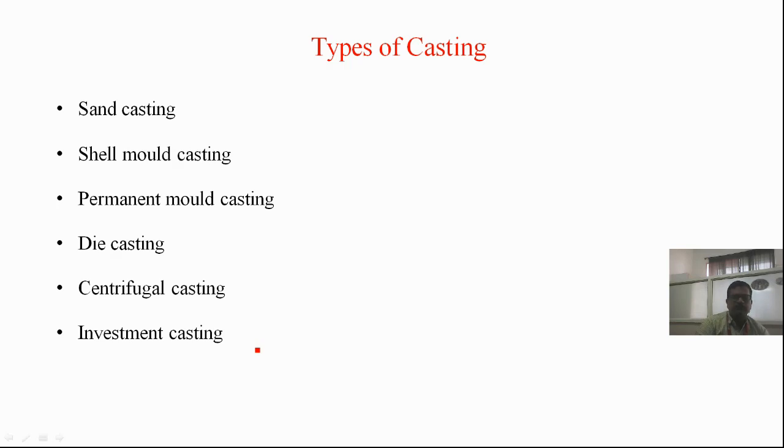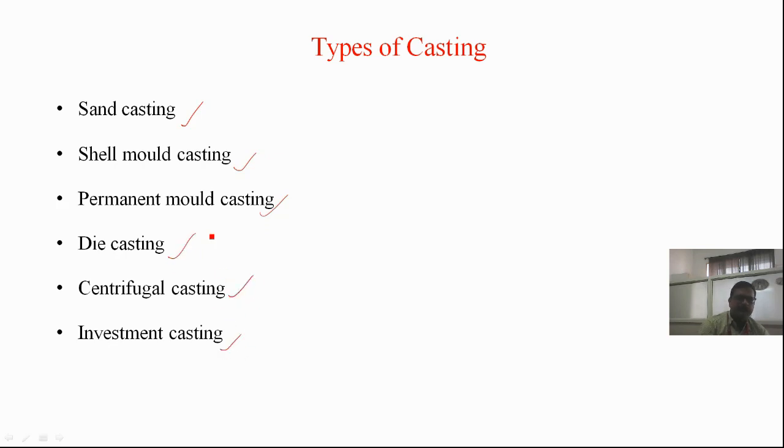Suppose you take casting. Casting is again done in different ways. Sand casting is the most basic method, and then shell mold casting, permanent mold casting, die casting, centrifugal casting, and investment casting.